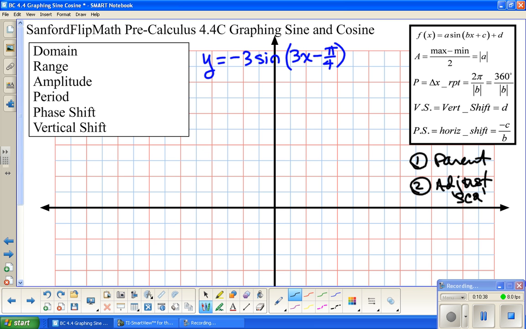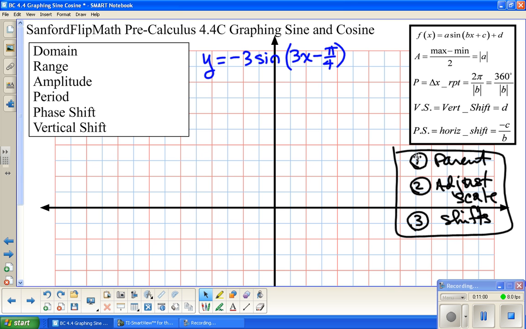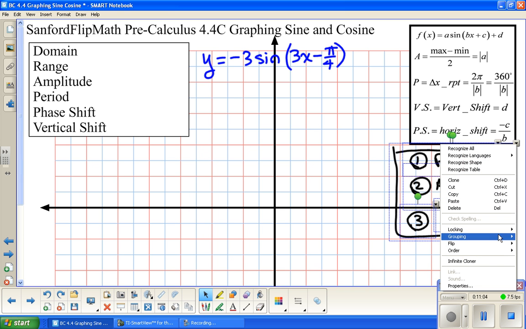Now, you might end up with an instructor in college who says, "Don't touch that scale. I want you to draw the real one." Well, then it's more work, and you'll have to deal with that. Parent function, adjust the scale, and then I do any shifts after that. That's my recommended process, and we'll leave it at that.